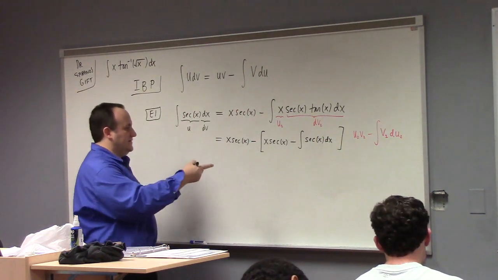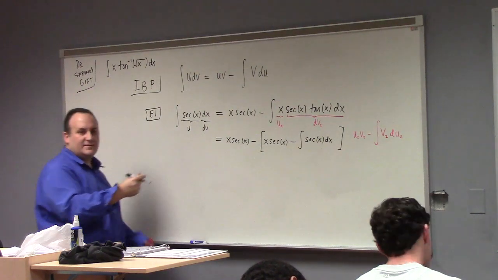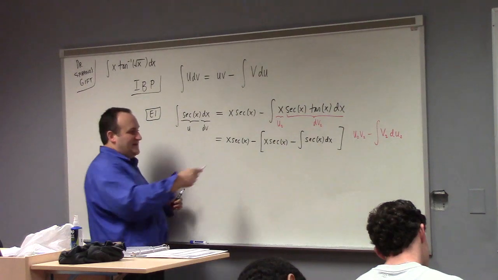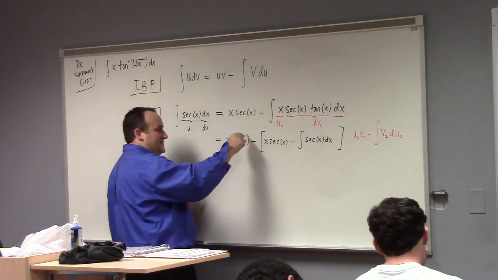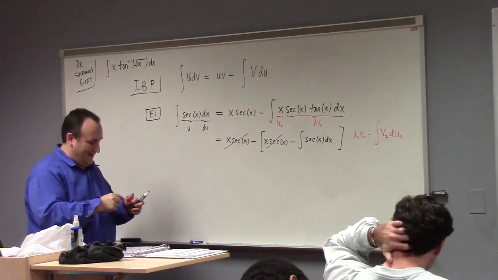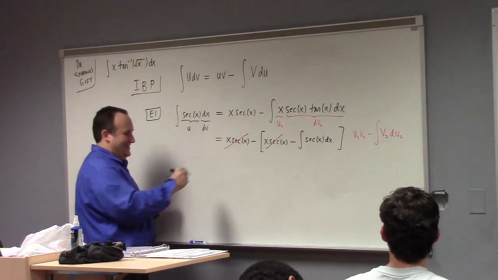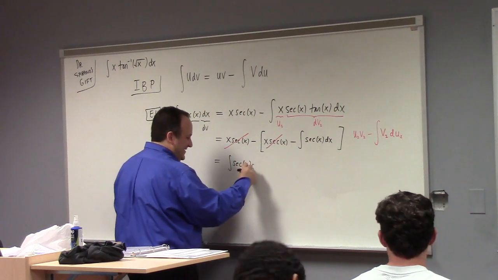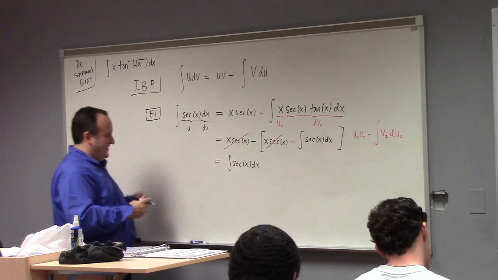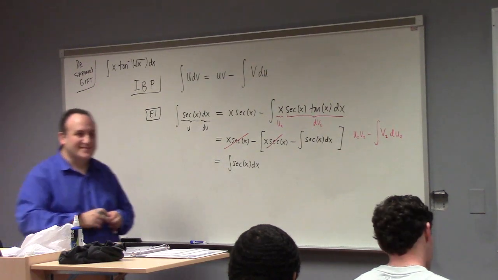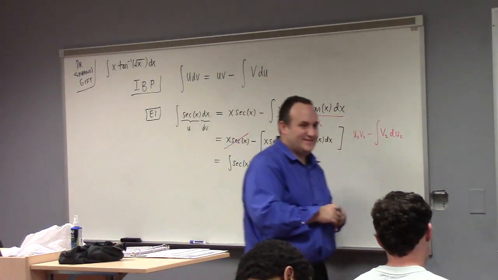Oh, look at this. What happens here? This is something we didn't see yet in any of our examples, so I think it's interesting to finish this, because these cancel, and what do you get? You get back the integral of secant x dx. True, but useless.